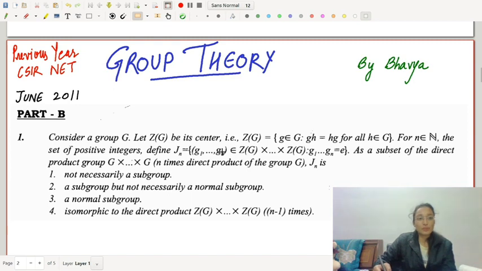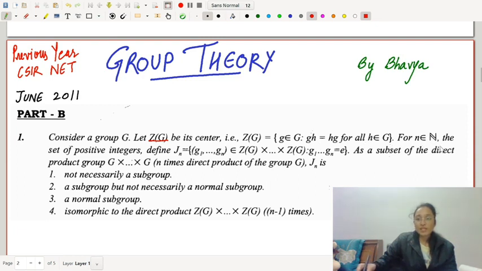June 2011, Part B, Question 1. Consider a group G and let its center be Z(G), that is all those elements of group G which commute with all the elements of the group.